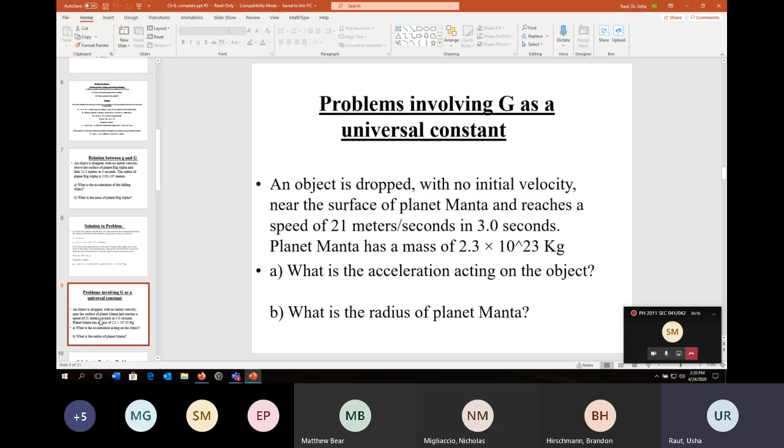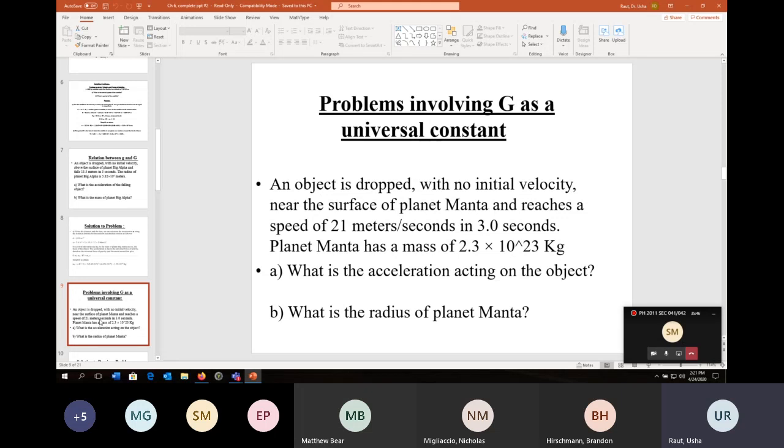I hope you see that it's a similar problem to the previous one, but you have to search your inventory of kinematical equations to see which would be appropriate. In the previous case, you were given a distance, so you could think of d equal to half at squared, or y equal to y0 plus v0y t plus half at squared.